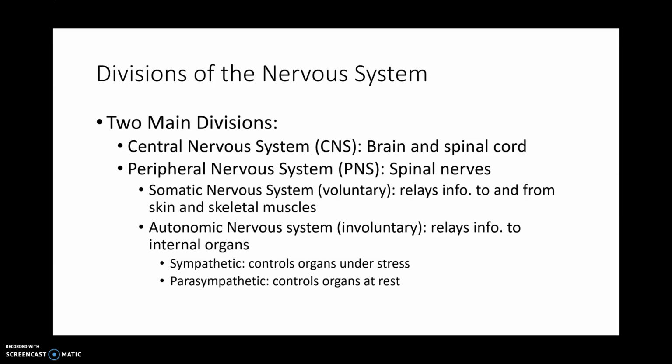So this is going to relay info to and from skin and skeletal muscles. And then our autonomic nervous system is our involuntary, and it's going to relay information to our internal organs. And within the autonomic system, we're going to see another two divisions, our sympathetic and our parasympathetic. So sympathetic is going to control under stress, and parasympathetic is going to control with rest.